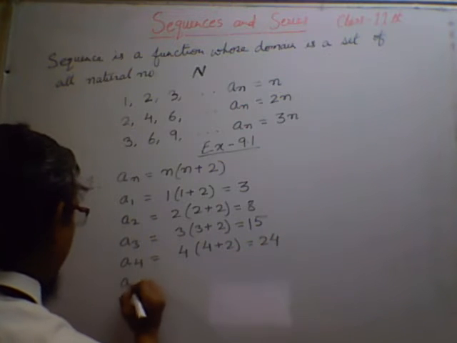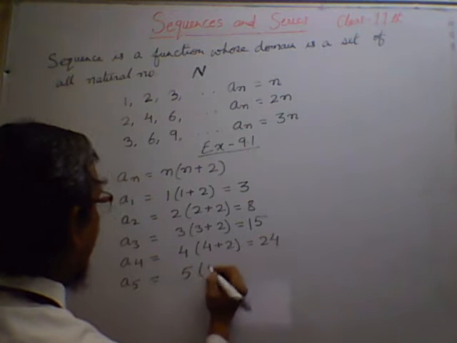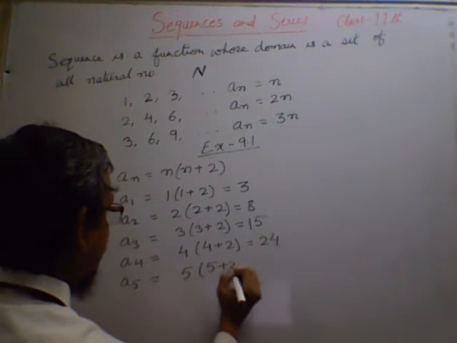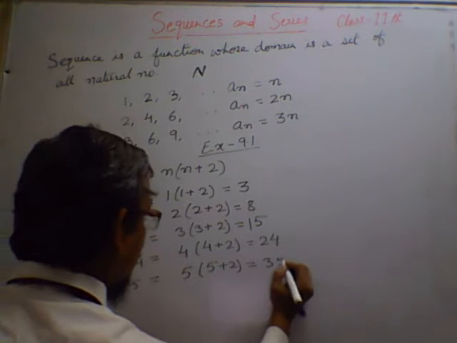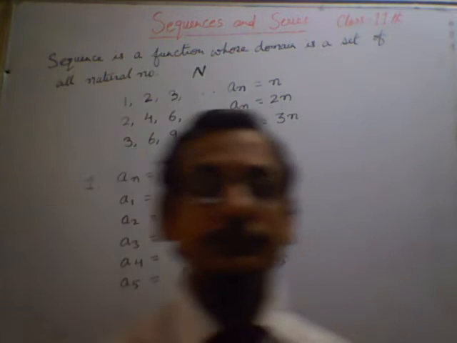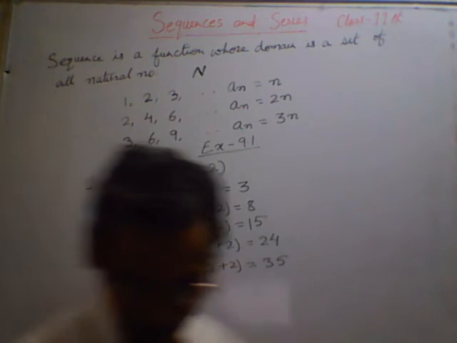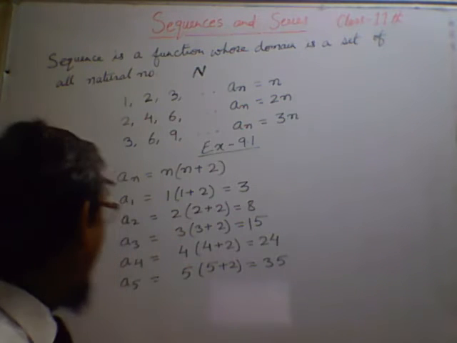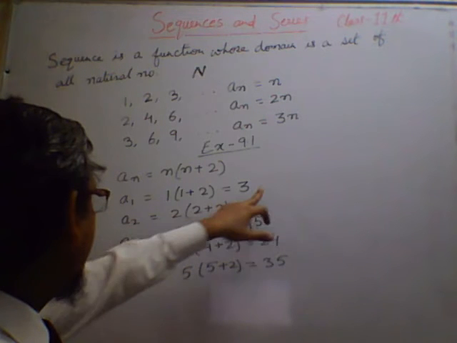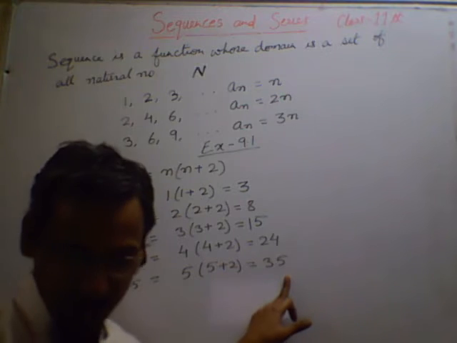And A5 equals 5 into 5 plus 2. 5 plus 2 is 7, 7 fives are 35. We have got 5 terms. This is our answer. Our 5 terms are 3, 8, 15, 24, and 35.